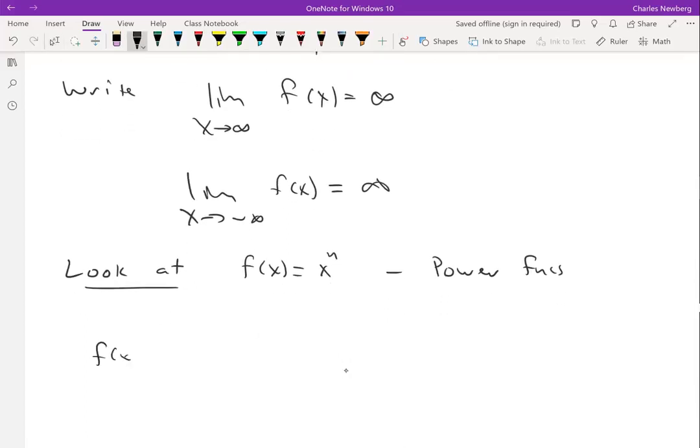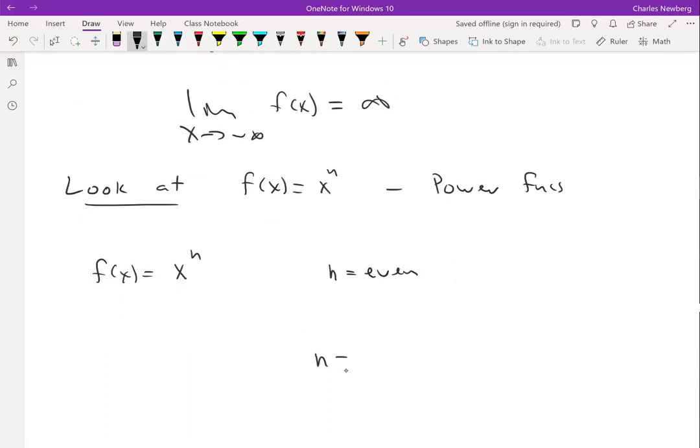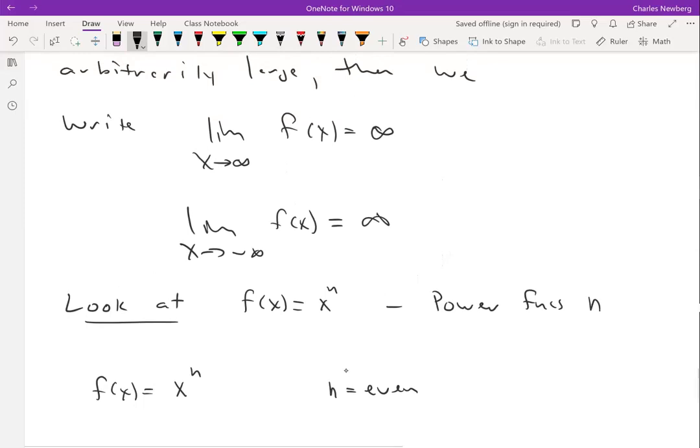We want to look at f of x equals x to the n, and we want to look at two cases, when n is even and when n is odd. We should also say here our n is a natural number. What are the natural numbers again? 1, 2, 3, and so forth.